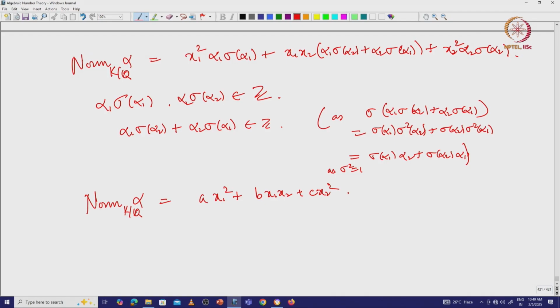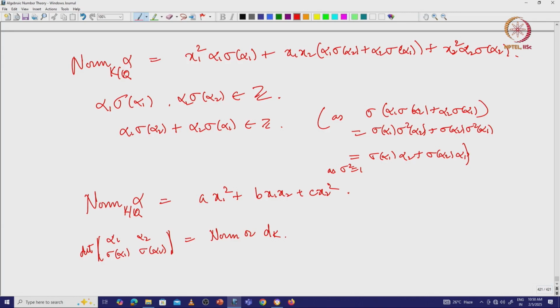So, this looks like a binary quadratic form, is it not, right. But this is not quite the one that we want, because if you look at the determinant of this matrix alpha 1, alpha 2, sigma alpha 1, sigma alpha 2, this will be the norm of A times the discriminant of K. Why is that?